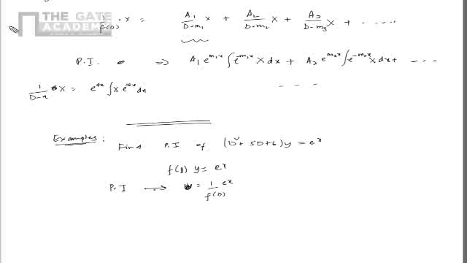Comparing with the rules, just substitute: a is 1, and f of a is 1 square plus 5 into 1 plus 6, which is 6 plus 6, that is 12. For e power ax, the particular integral is e power ax by f of a, and going by that it is e power x by 12. So the particular integral for this is e power x by 12. It is so simple.